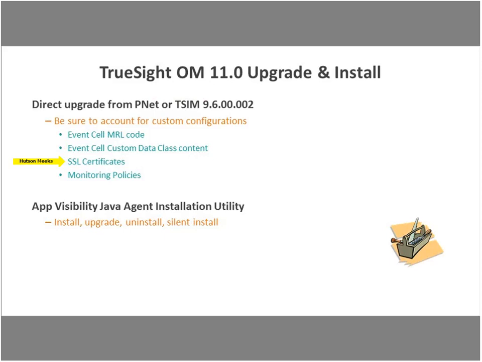SSL certificates: as part of your upgrade, you may also be implementing secure communications between the different components. We're seeing a whole lot of that across almost all of our customers due to security breaches that we keep hearing about in the industry. And then, of course, monitoring policies. If you have monitoring policies configured, take those into account as well.